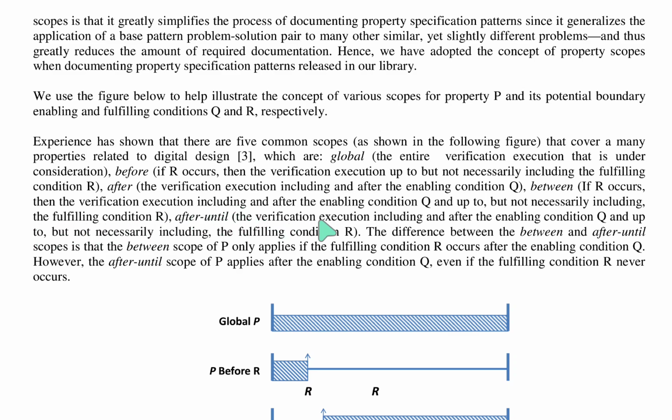After Q until R: the verification execution including and after the enabling condition Q and up to, but not necessarily including, the fulfilling condition R. The difference between the between and the after-until scopes is that the between scope of P only applies if the fulfilling condition R occurs after the enabling condition Q. However, the after-until scope of P applies after the enabling condition Q even if the fulfilling condition R never occurs.